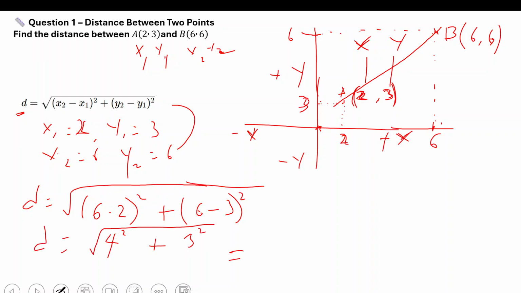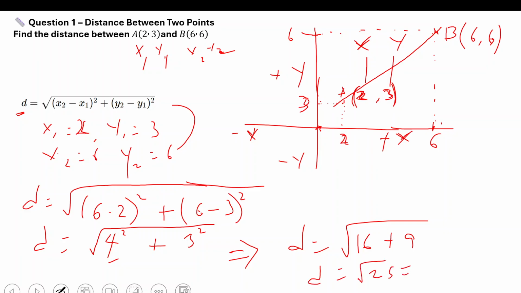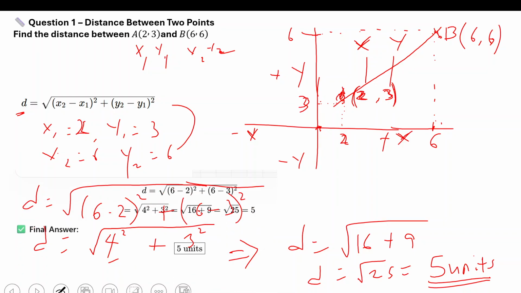So D is equal to the square root of 16 plus 9, which is the square root of 25, and the square root of 25 is 5. So the answer is 5 units because we are measuring in units. The distance between these 2 points, A and B, is 5 units.